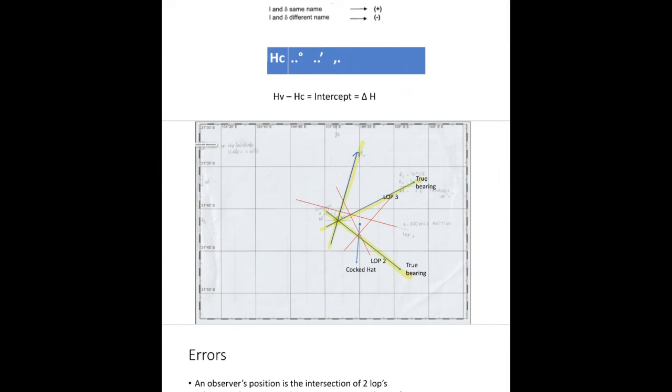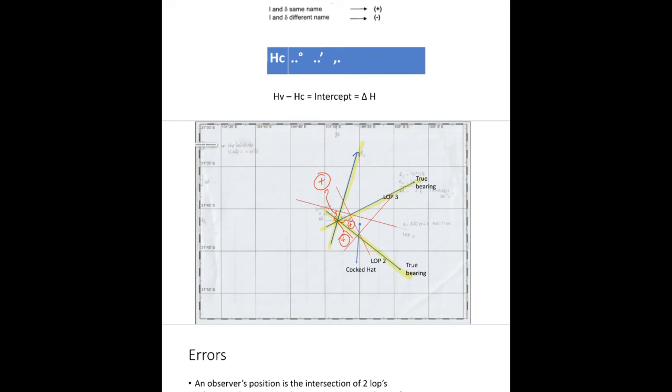And so on these bearings, what do you indicate? You have to indicate the intercepts. Intercept 1, intercept 2, intercept 3. This intercept is positive towards, this intercept is also positive, and this one also.